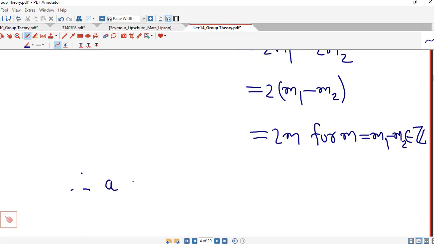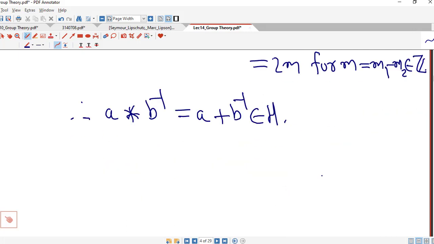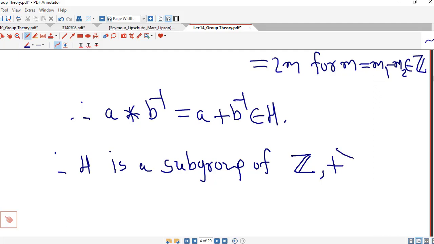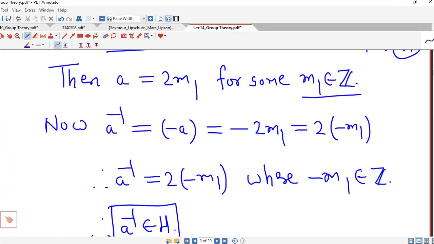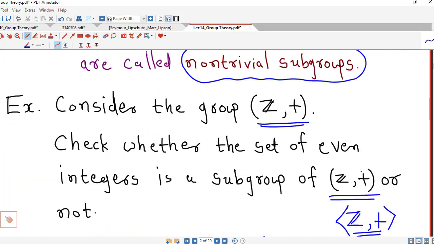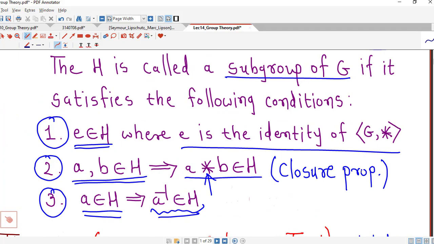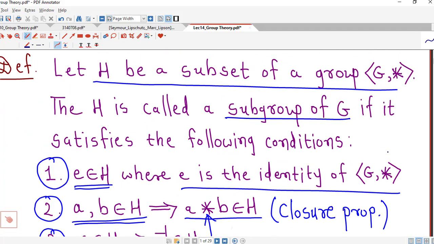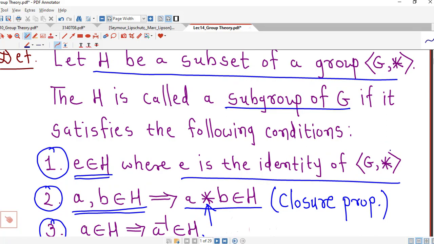Therefore a star b inverse, or a plus b inverse, belongs to H. Therefore H is a subgroup of Z with addition. So in this way, either we can use the one-step subgroup test or we can use the definition of subgroup to show whether a given subset of a group G is a subgroup or not.